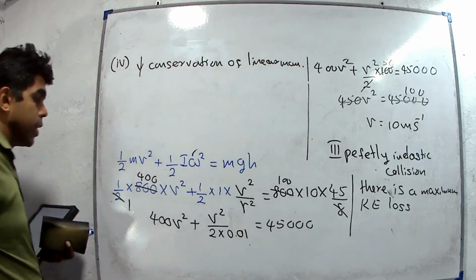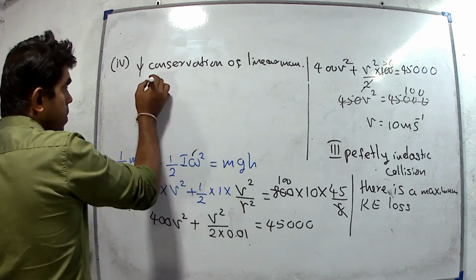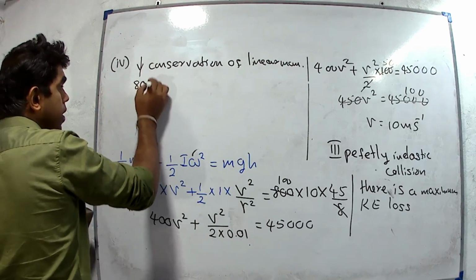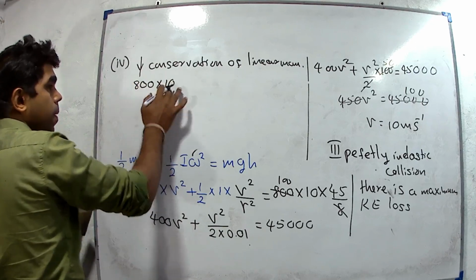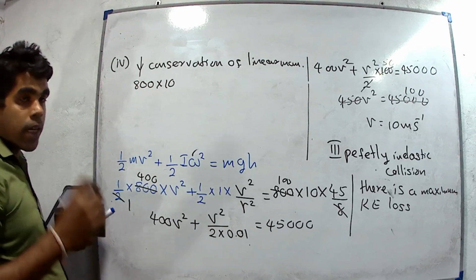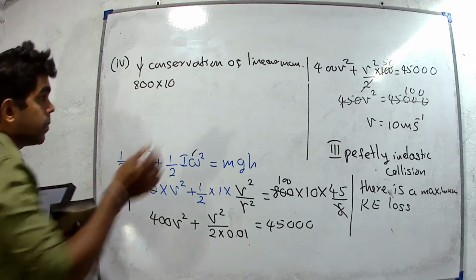In the downward direction, momentum before the collision, mass of cylinder is 800, velocity 10. This is the momentum of the cylinder before the collision. Before the collision, the pile is at rest, therefore it has no momentum.